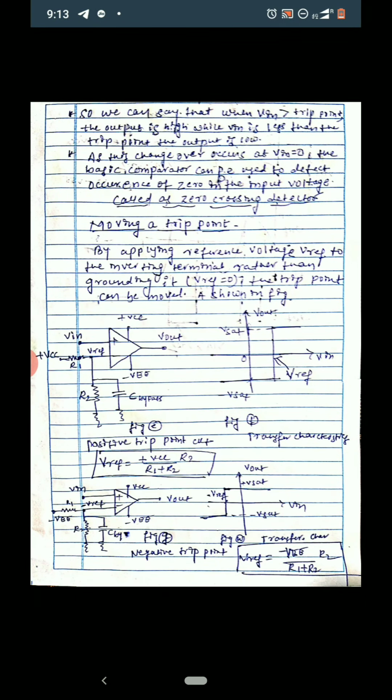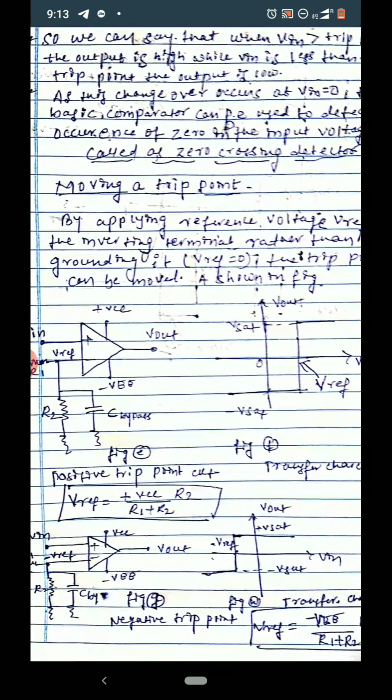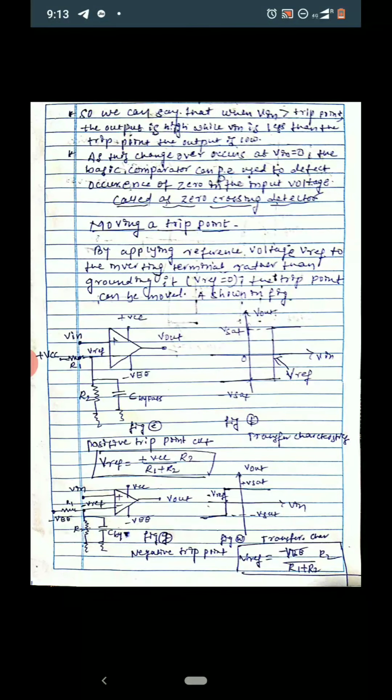Now, as I told, 0 becomes your trip point. In another example, your points A and B have become your trip points.